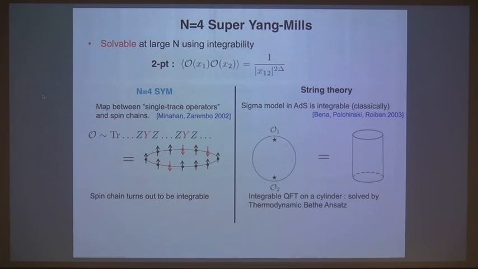And using this integrability, you can compute the spectrum on a cylinder, which corresponds to computing the 2-point function on the gauge theory side using what's called the thermodynamic Bethe ansatz. Combining these two ideas, by now we have a very sophisticated method called the quantum spectral curve, which allows you to compute the spectrum very efficiently.